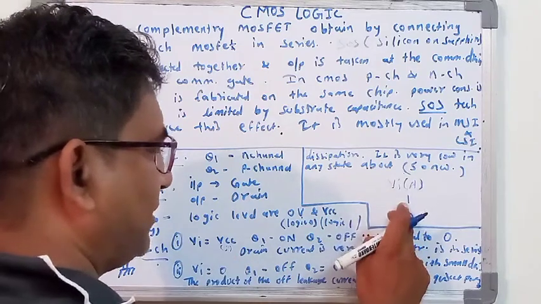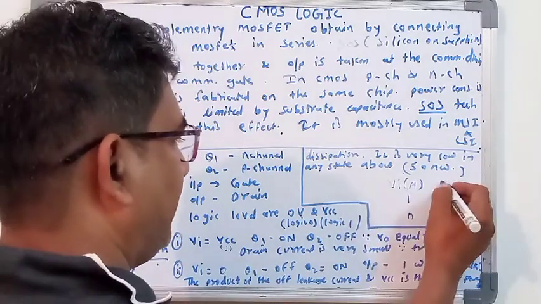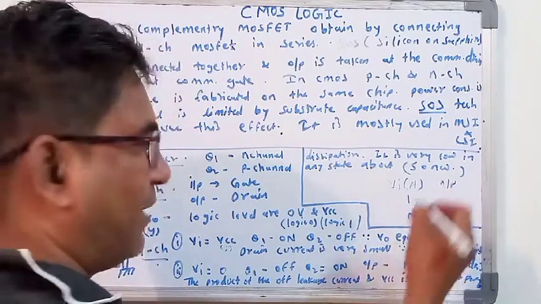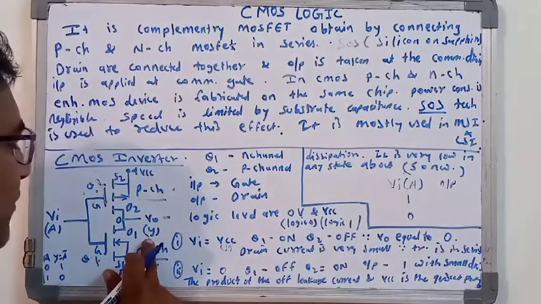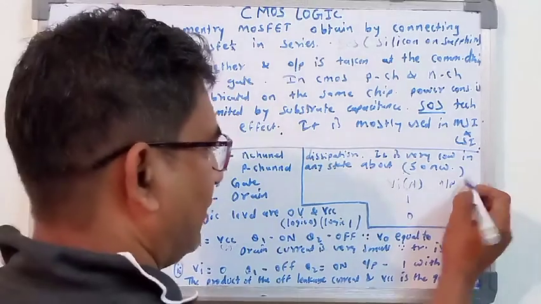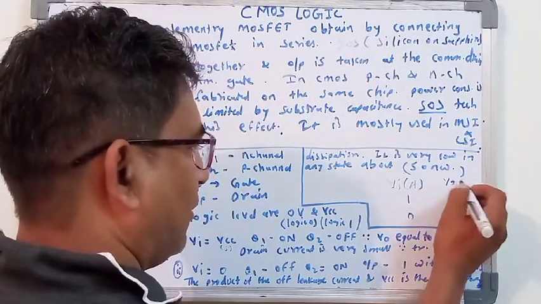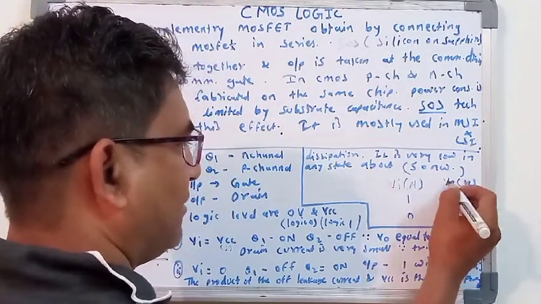Vi is equal to VCC, that is a 1. The output which will be obtained is indicated by V0, or you may write in the bracket, Y.